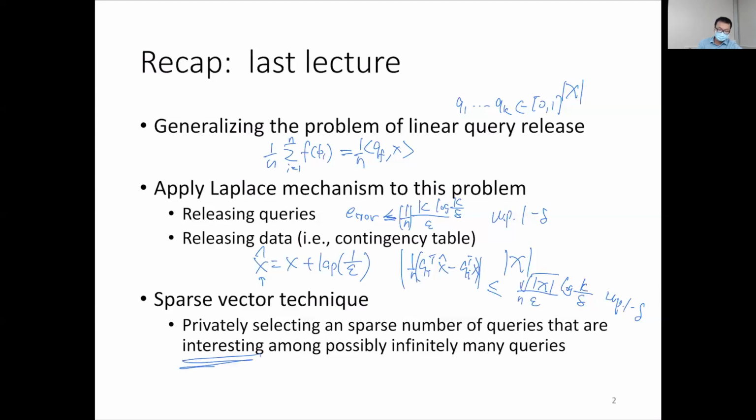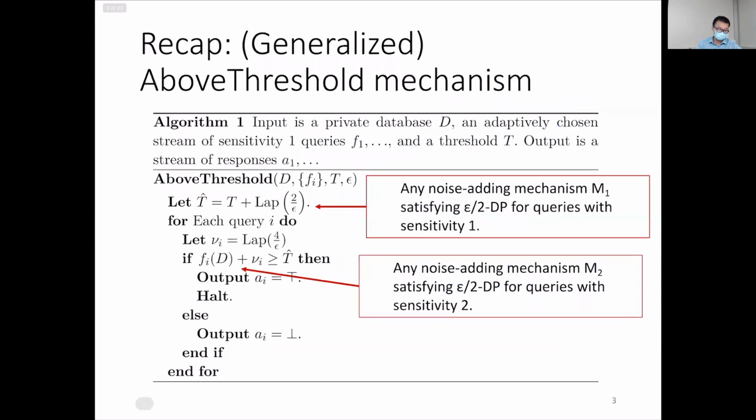Okay, so if the number of queries that are interesting is small, the hope of sparse vector technique is that we only want to spend our privacy budget on those queries that are interesting, and effectively not spend anything on those that are not so interesting, right? So that's the idea of sparse vector technique.